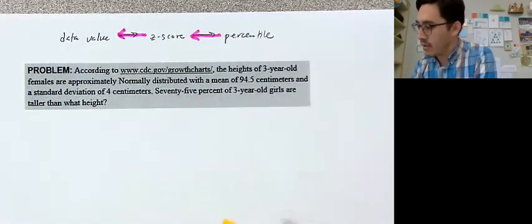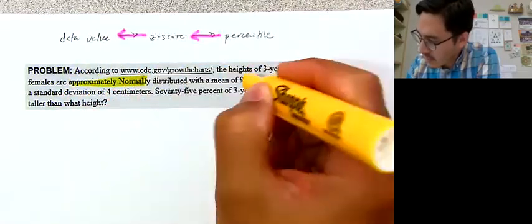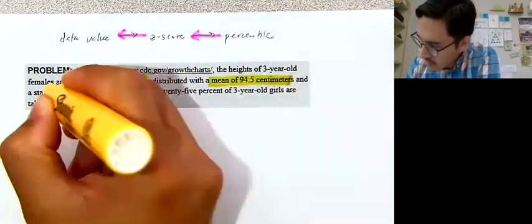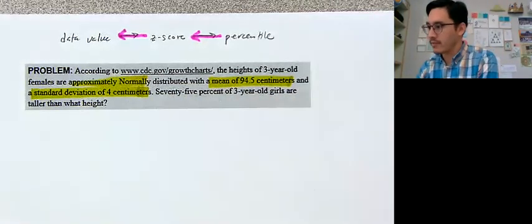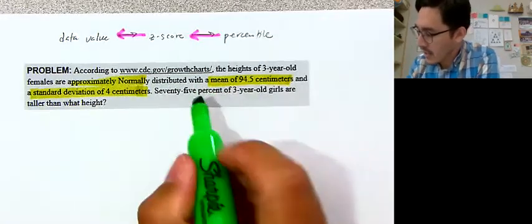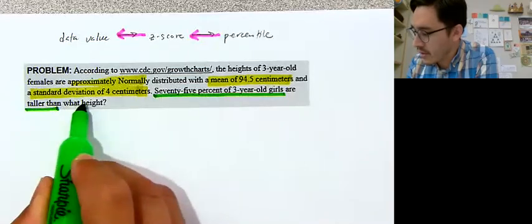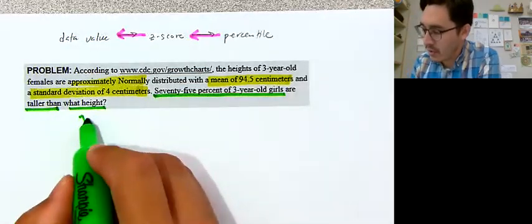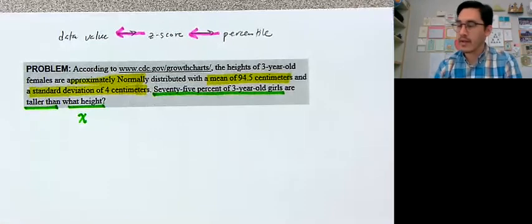All right, so we know the shape, we know the mean, we know the standard deviation, and we know a percentage. 75% are taller than some particular height. We don't know what that height is. We can call it X. We can introduce a variable here.